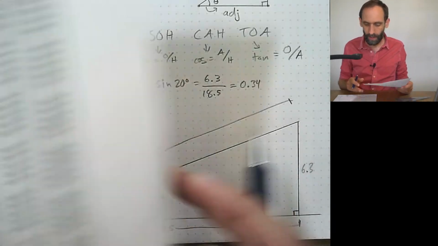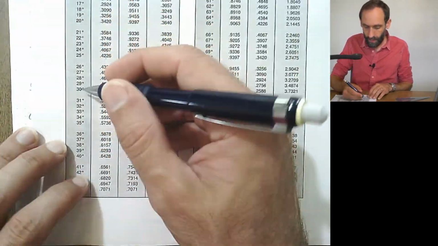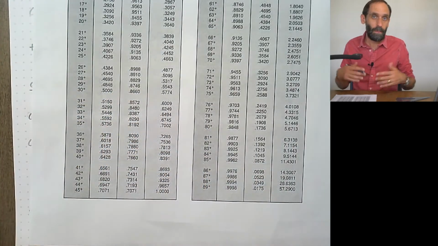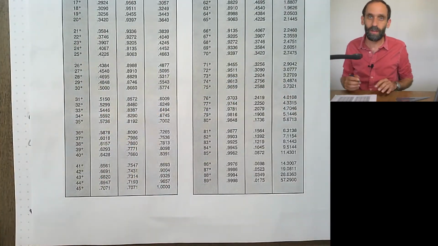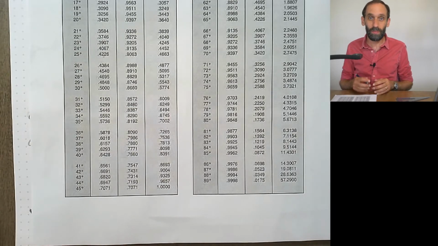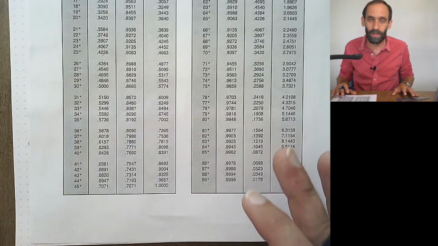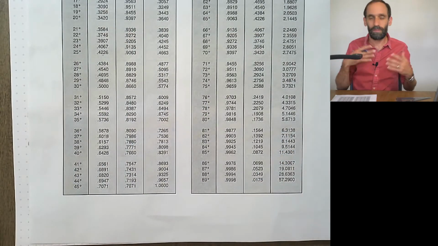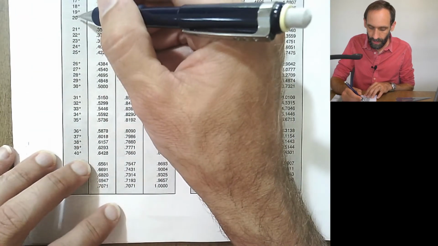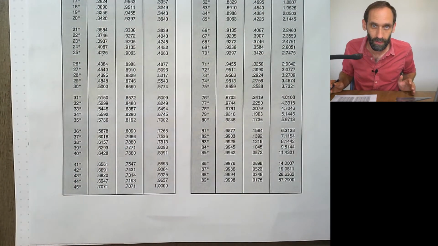But the point here is that in order to find these ratios, all you have to do is make a right triangle with the specified angle measurement, measure the sides, and you can calculate the ratio. And it doesn't matter how big or how small the right triangle is, because all right triangles have the same angle sum, and therefore any right triangle having a 20-degree angle is similar to any other right triangle having a 20-degree angle.